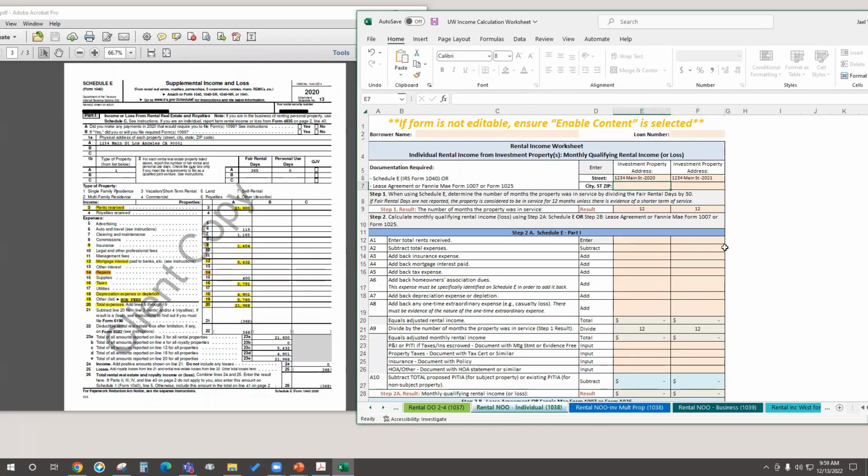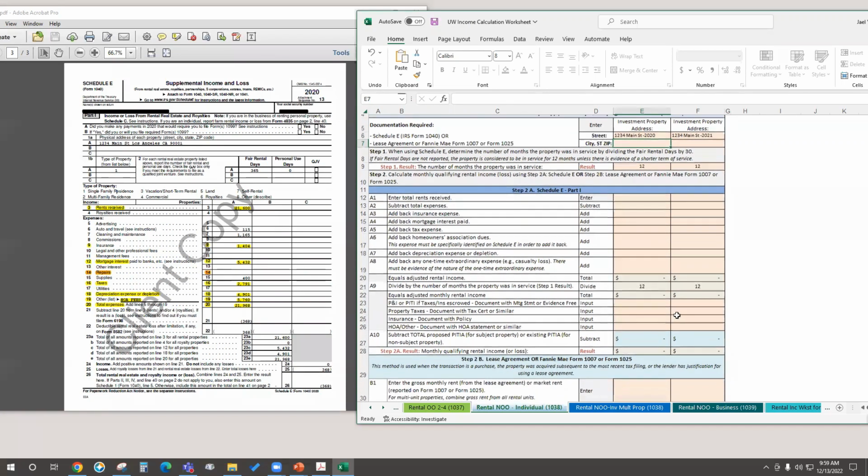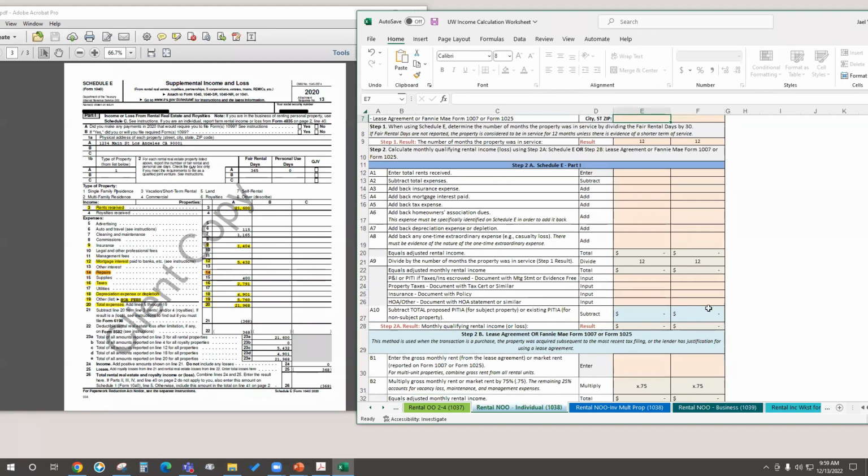That way, when my processor or my underwriter takes a look at my income calculation, and just keep in mind, guys, your processor is going to double check your work on here. So that's the cool part, you will have two income calculation sheets that can be presented to your underwriter.